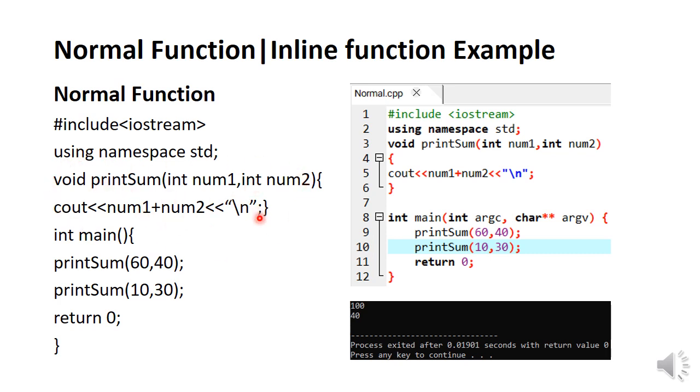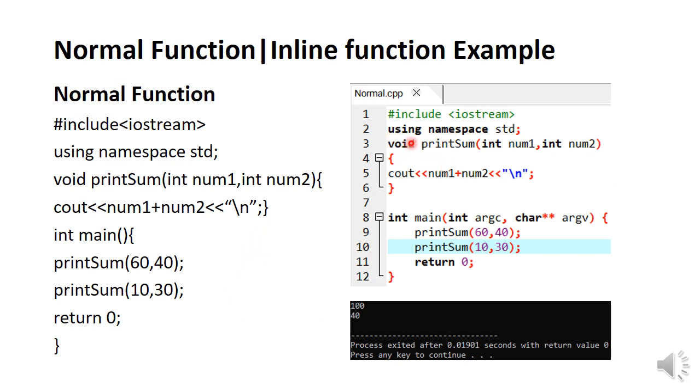It means that copies of these arguments will be copied into the formal parameters of this normal function, and its code is executed by calculating the sum of these two values.